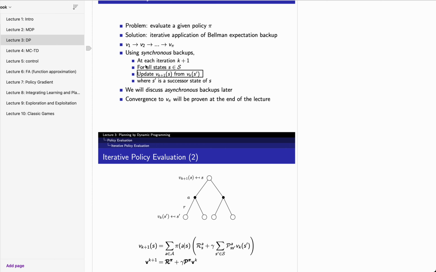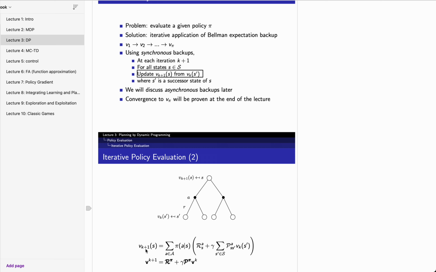So that's what it's saying here. We will use the value functions of future states s prime at iteration k to update the current state value functions v(s), but at the next iteration.